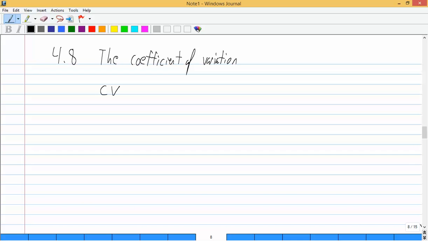The coefficient of variation is another statistical measure that compares the variation in data sets.